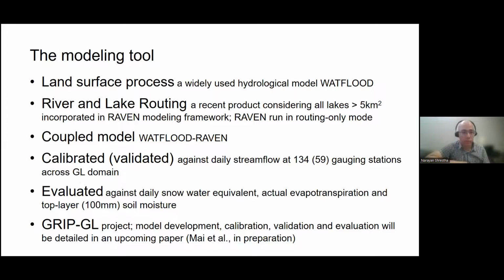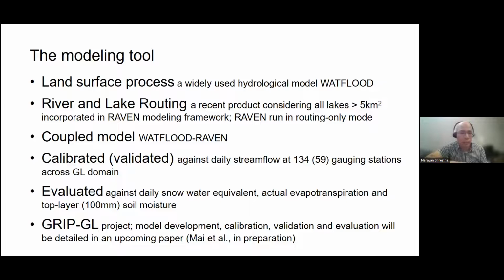The vertical flux calculated by WATFLOOD is routed through the river and lake using a recent routing product, which considers all the lakes which are more than 5 square kilometers in area. This consideration is quite important for the Great Lakes Basin because one of the important characteristics of the basin is the presence of numerous small lakes.